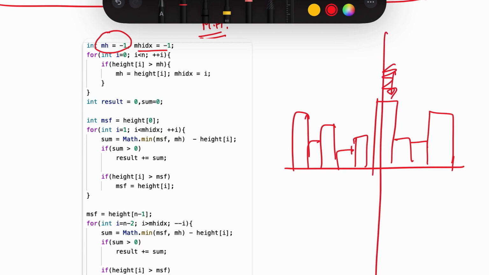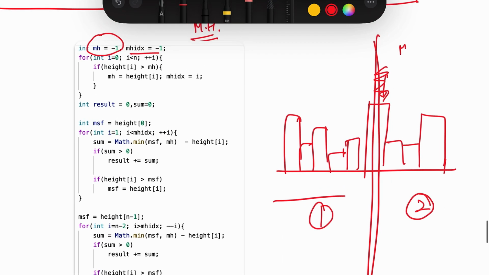So we can break this problem into two halves, first half and second half. So first of all we have to capture the maximum height, or maybe its index. Then we'll go from left to here and then right to here while solving our solution.